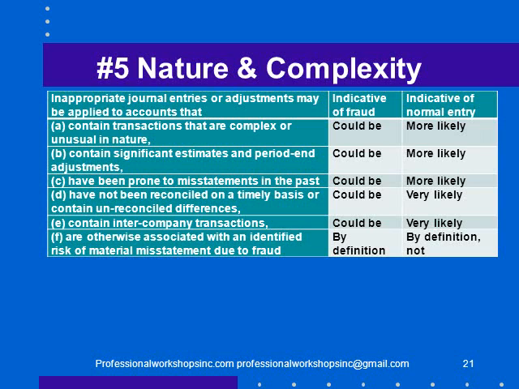Have been unreconciled could be either. Contain intercompany transactions. This one, sure, that could be fraud, but it's far more likely that it's not. The intercompany transaction account, that would be normal transactions between two companies, and are otherwise associated with an identified risk of material misstatement due to fraud. Well, that's no help at all. By definition, if we already know that there's fraud, that really doesn't help us identify fraud.